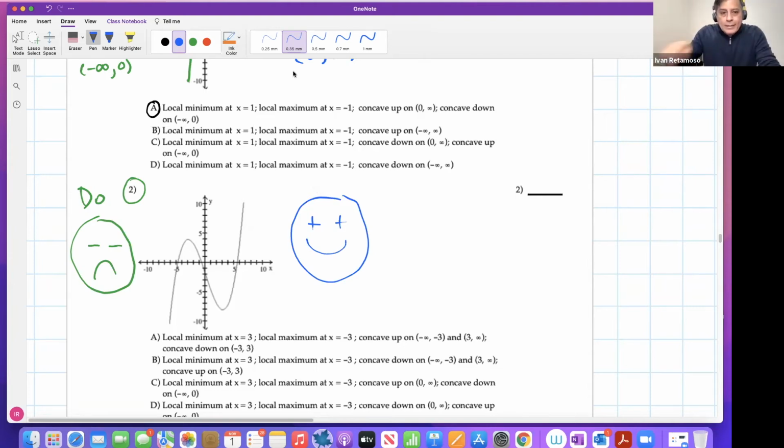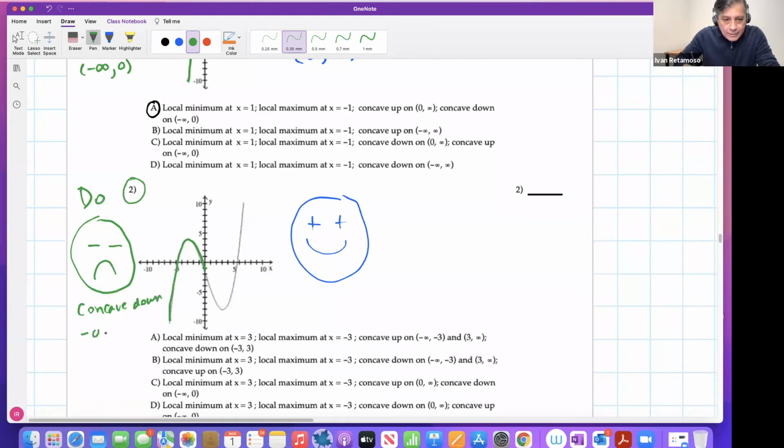So here clearly, when you travel along the curve all the way up to here, this resembles the mouth of a frown face. So concave down, but where? From 0 here to -infinity.